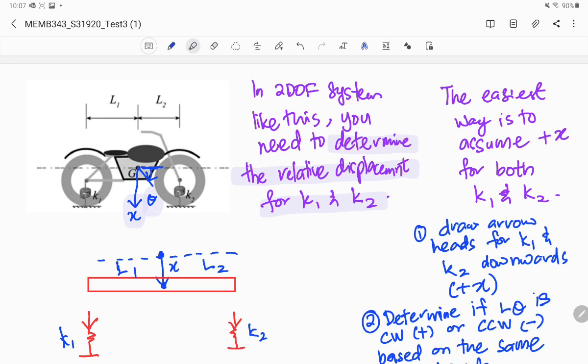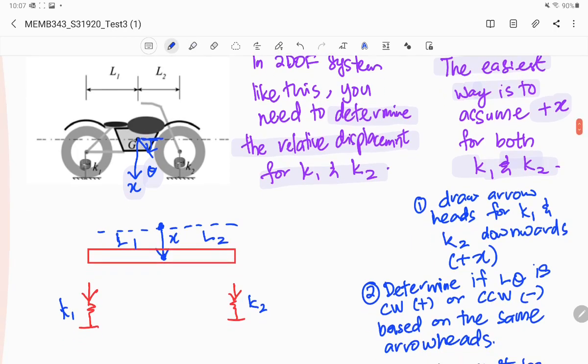This is the first thing you need to do. The easiest way is normally to assume a positive x for both K1 and K2.